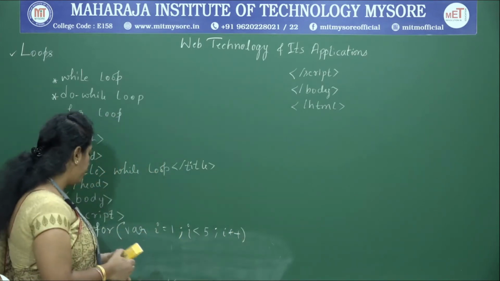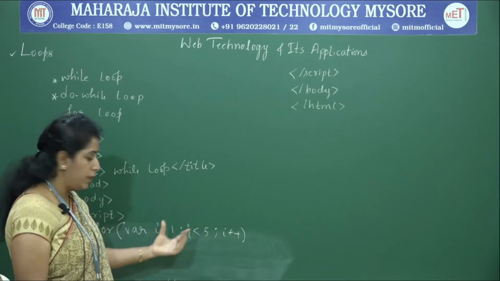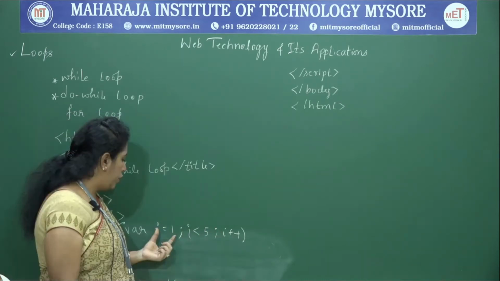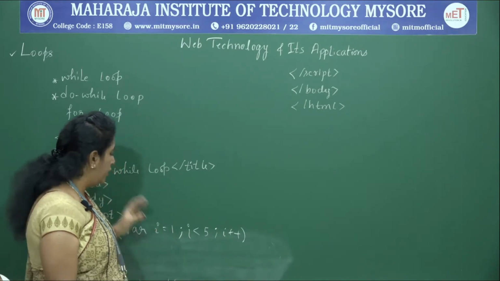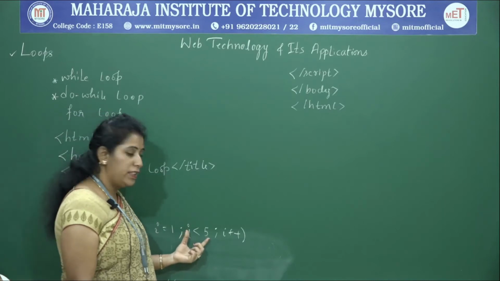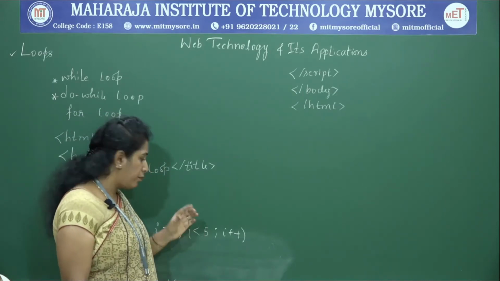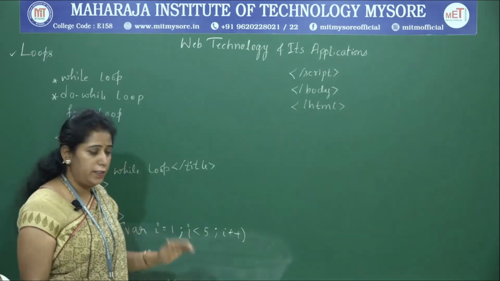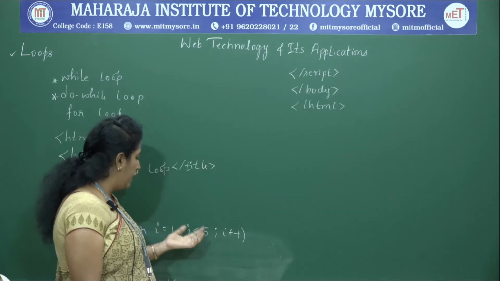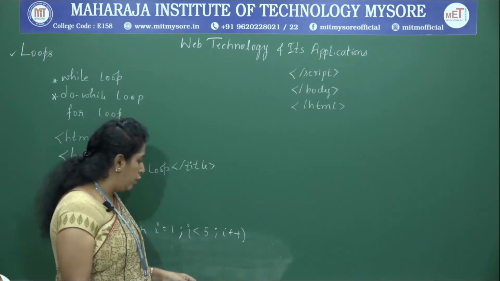Now the for loop has 3 expressions: expression 1, expression 2 and expression 3. Expression 1 is initialization, which gets executed only once. Expression 2 is checking the condition. Based on this condition, the body of the loop gets executed. If this condition becomes true, it enters into the loop. Once this condition becomes false, control will come out of the loop.